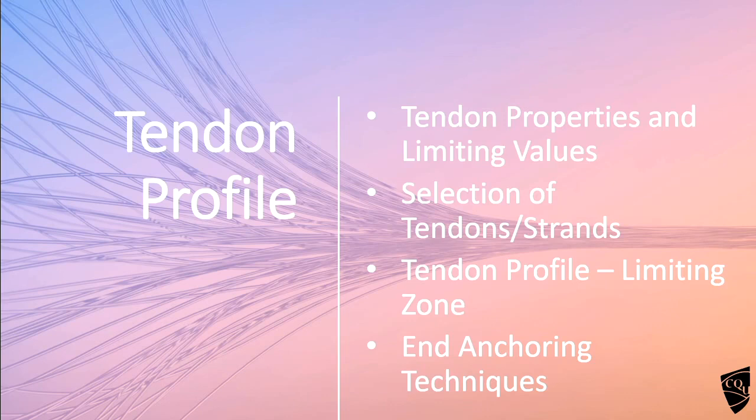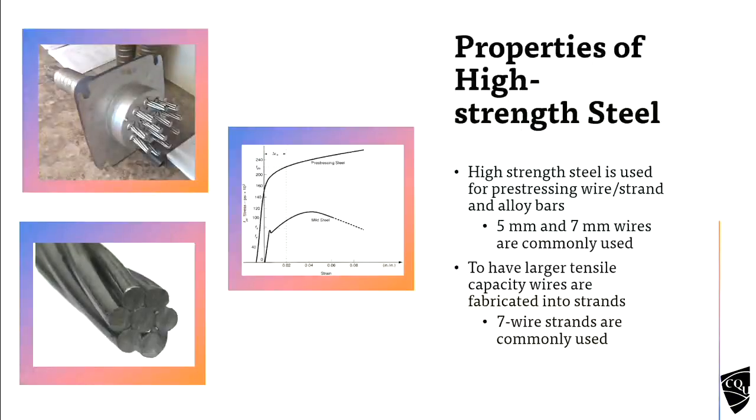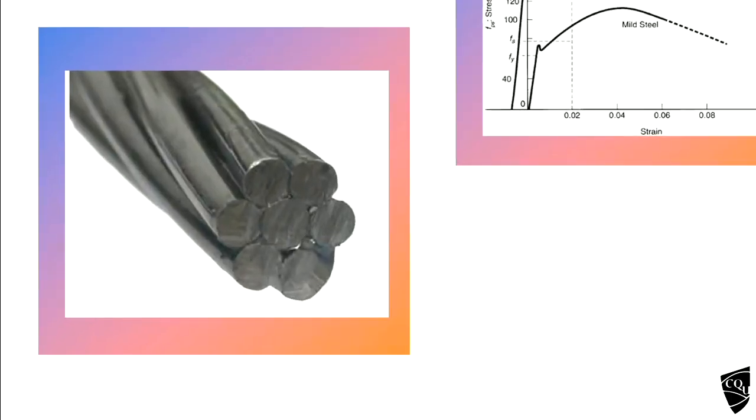Before we go into that, I just want to make sure you understand the terminology. We had three terms: one is wire, the second is strand, the third is tendon. This one is a strand.